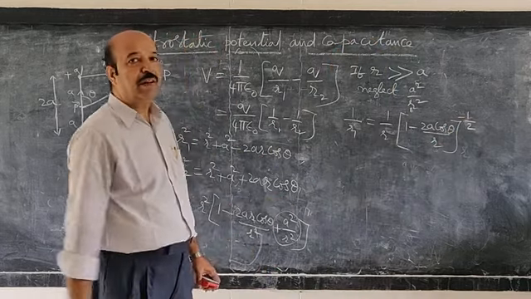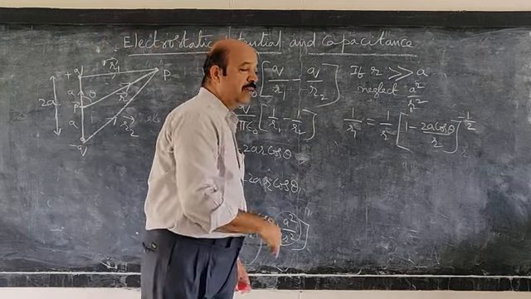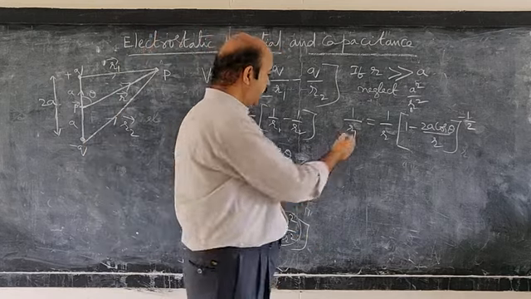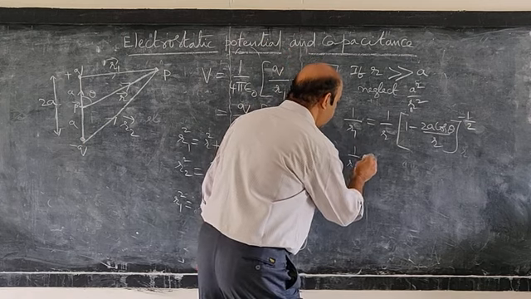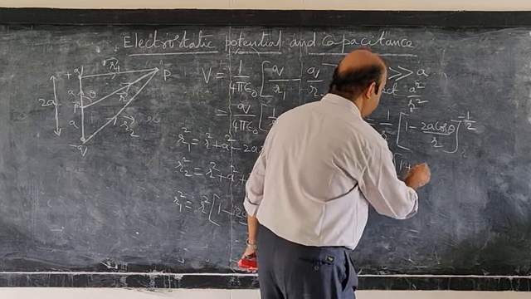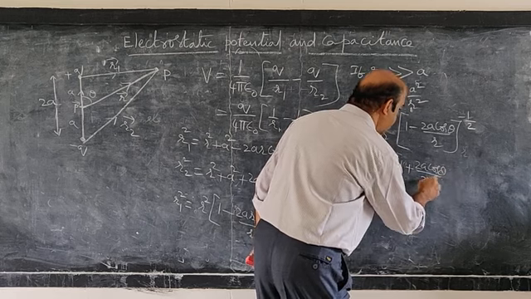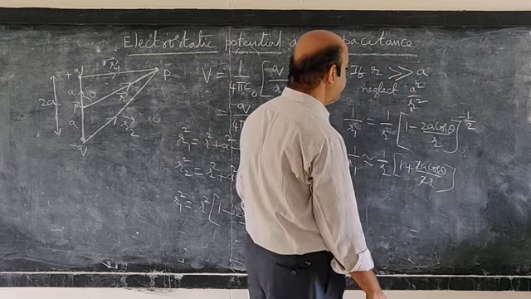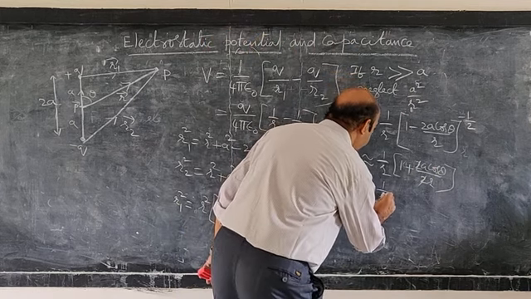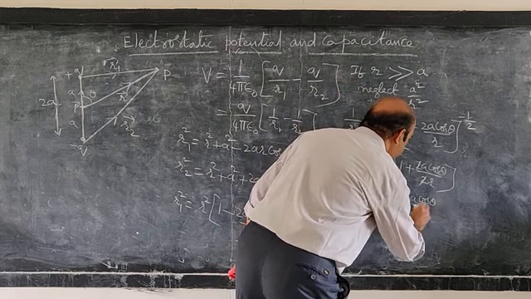By using the binomial theorem and limiting to the first order, neglecting higher powers, this can approximately be written as 1 by R into 1 plus 2a cos theta by 2R. The 2 gets cancelled here. So therefore it is 1 by R into 1 plus a cos theta by R.